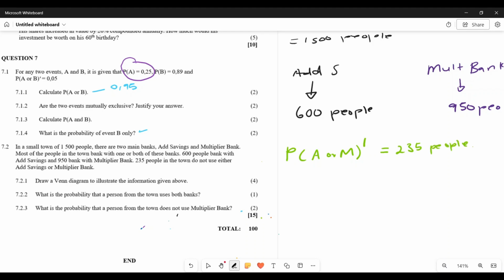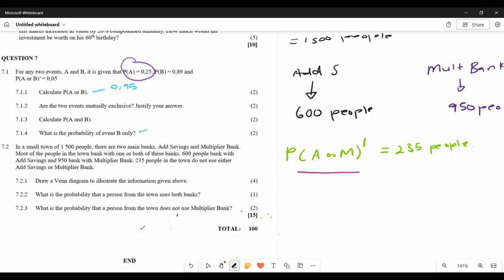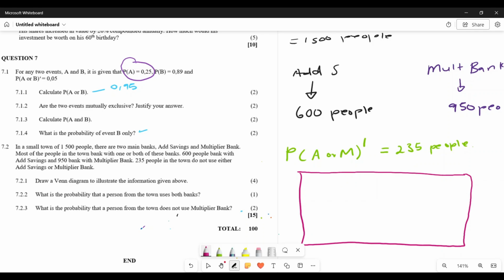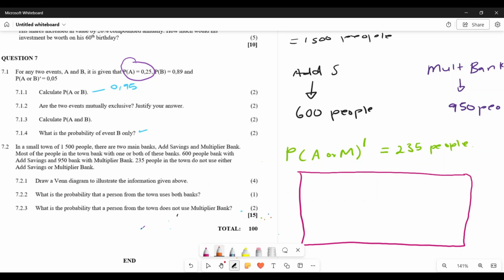So now, making use of this information, we need to try and draw a Venn diagram. Let me go about doing that. So now remember, I said the two events are mutually inclusive.